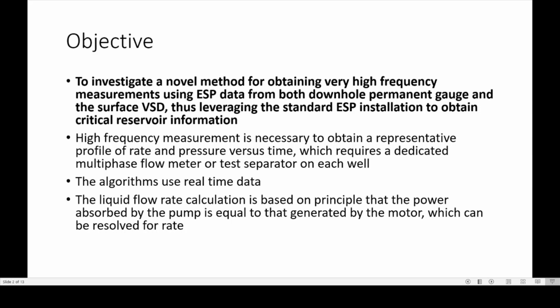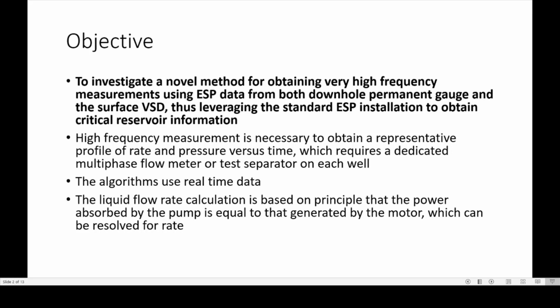I bolded the objective to get an idea of what this paper is about, and I've broken down this paper as best as I can, as this is a very lengthy paper discussing the details of high-resolution ESP data and the calibration process.